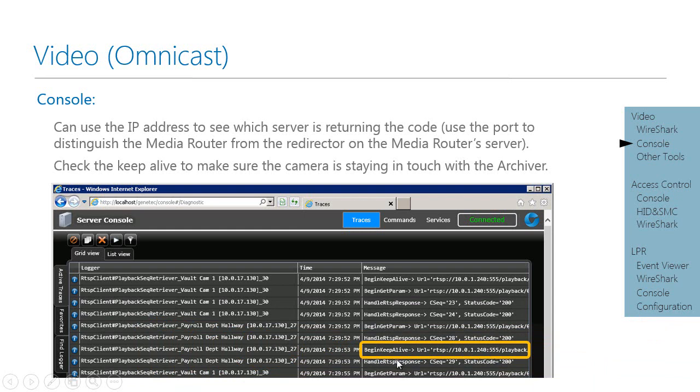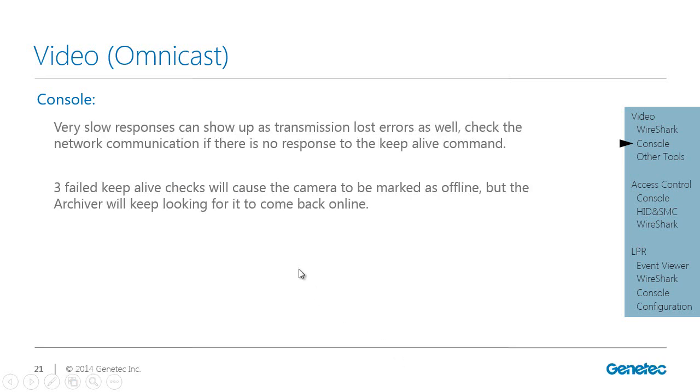We also need to check the keep alive, that's what we're focusing on here. We need to make sure the camera is staying in touch with the archiver as well. If the camera is not responding, there may be something on the camera's hardware side that's causing the issue. Now as well, take a look at if you get any really slow responses on the keep alive, or it's not coming through.